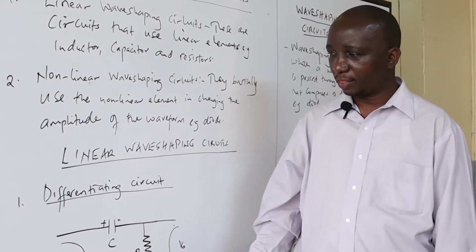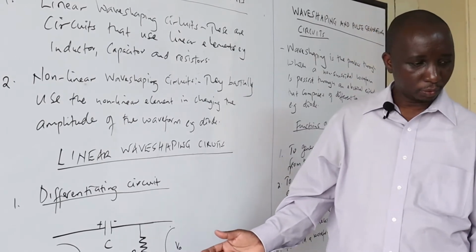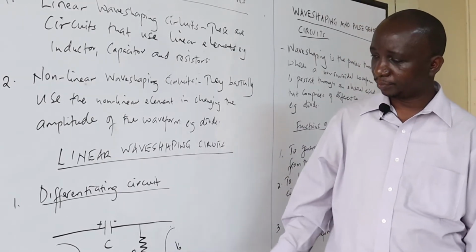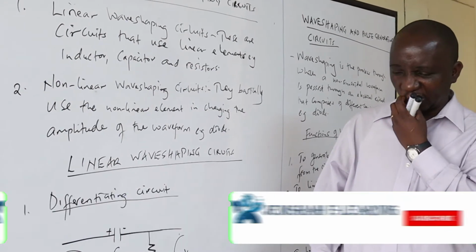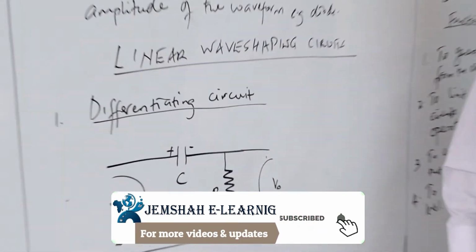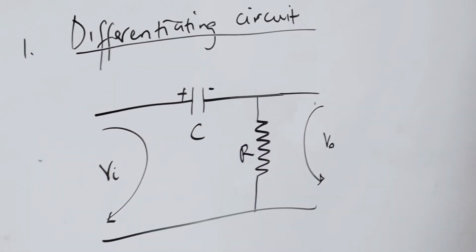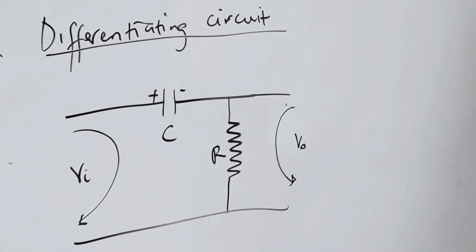Because of that, we talk of differentiating circuits. We are supposed to understand how these things operate. When the frequencies are very low, the output recorded here is nearly zero. But when the frequencies are very high, there's an output recorded, which is referred to as VO.